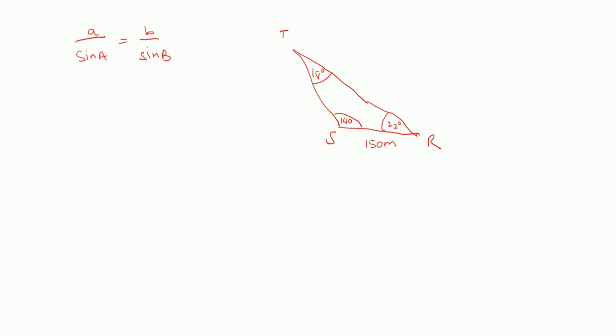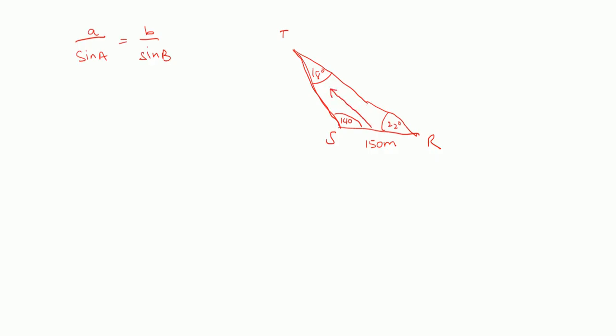We want to find the length ST. So we want to find this length here. How the sine rule works is that we know that SR is 150, so we should use this angle here.